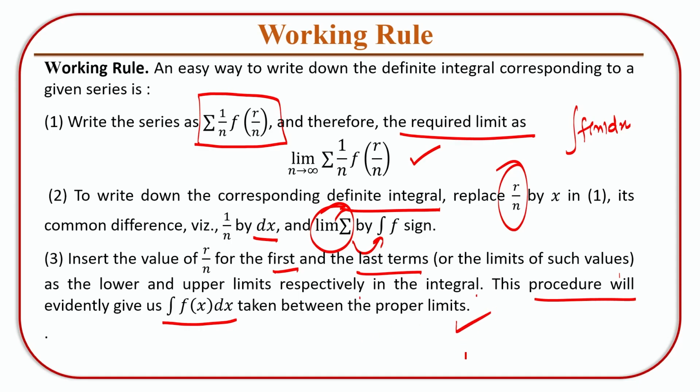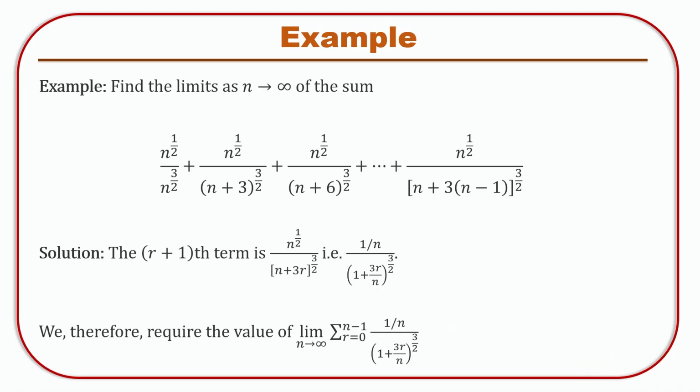So what we have done is take the limit of the summation sigma as the integral sign, r by n as x, so f of r by n is equal to f of x, and 1 by n is dx. That means the whole summation can be written as a definite integral with the proper limits.